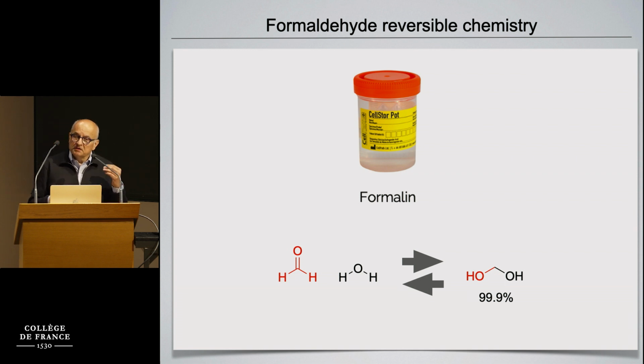That is because the covalent bond that formaldehyde creates with amines or with hydroxyl groups is reversible. Now when you think about it, that's why it's such a valuable biochemical tool, right? Because when you want to do chromatin immunoprecipitation, you want to cross-link your DNA with proteins, but it's no good unless you can reverse it, right? And so you use that same principle of reversible chemistry in order to do the analysis. But actually, this chemistry matters in how we are studying formaldehyde in biological situations.